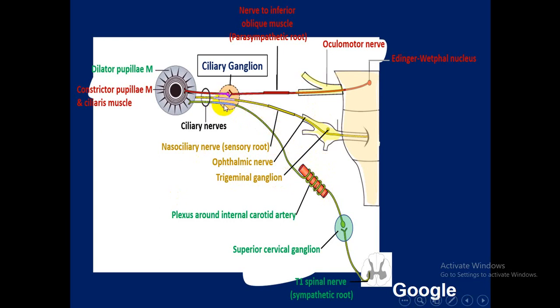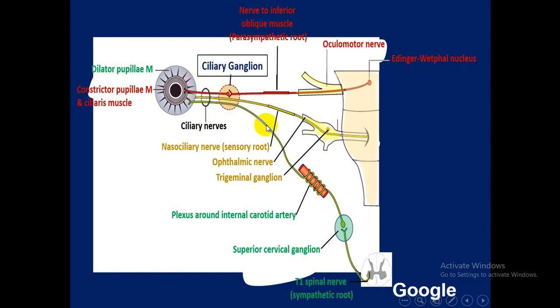We notice the sensory and the sympathetic pass without synapses, while the parasympathetic, which here is red, is from the oculomotor, the preganglionic parasympathetic synapses in the ganglia. Then 6 short ciliary nerves come out around the optic nerve, then pierce the sclera to supply the eyeball.